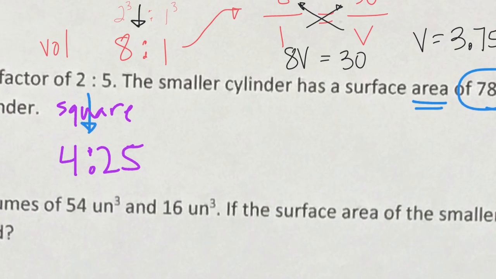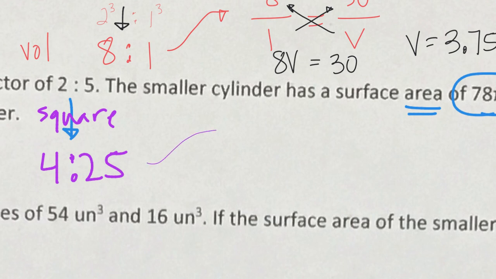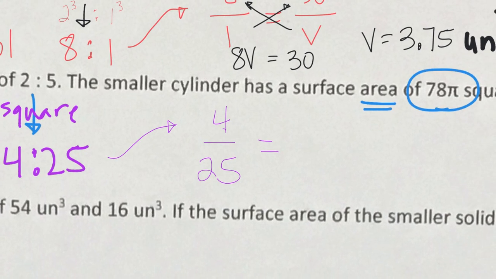So this is going to be our proportion. The ratio we use in our proportion is 4/25 equals, the smaller has a surface area of 78 pi, and we're looking for the surface area of the larger. If you want to write SA, that's okay also, or A will be just fine.